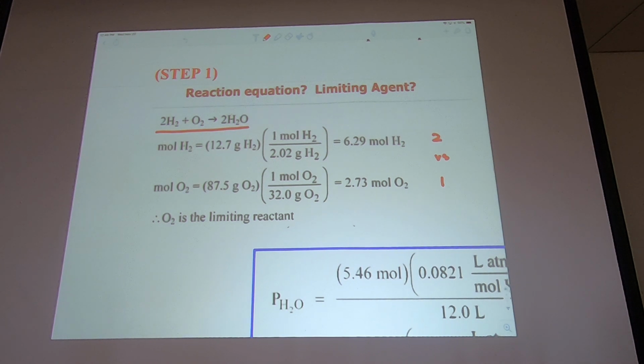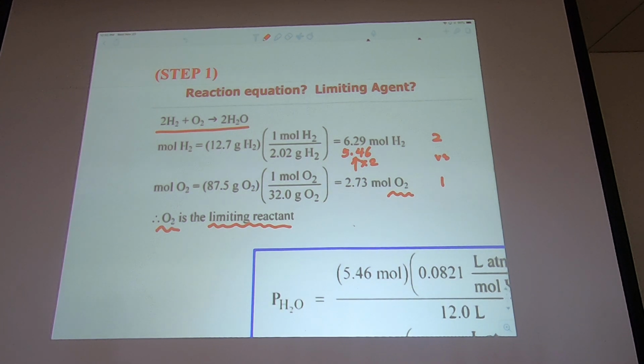If you multiply this by 2, you'll get 5.46, right? And that is smaller than that, which means you have more than what you needed as far as oxygen is concerned. So therefore, oxygen is the limiting agent. That's what I figured out simply by converting mass to moles.